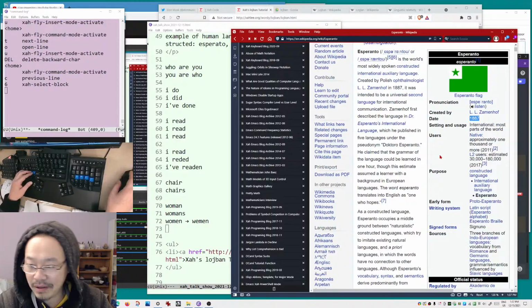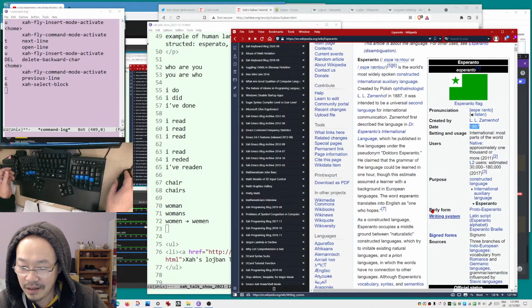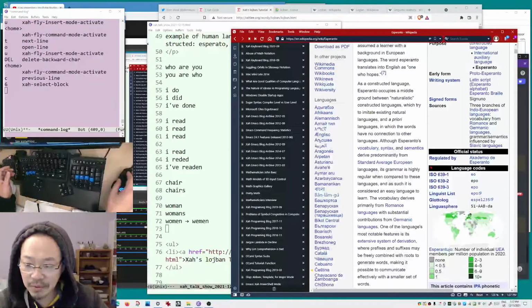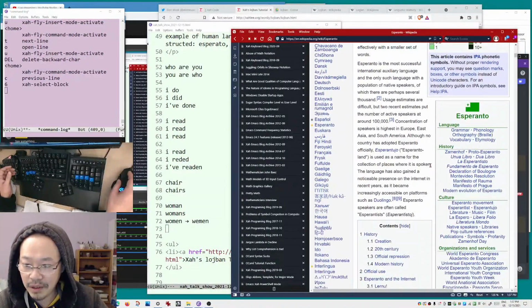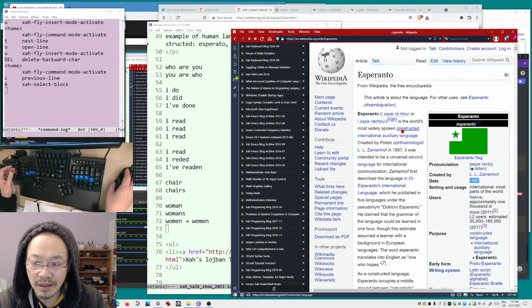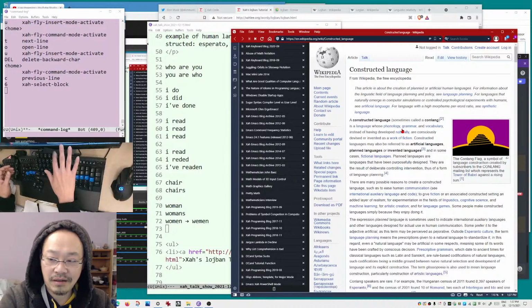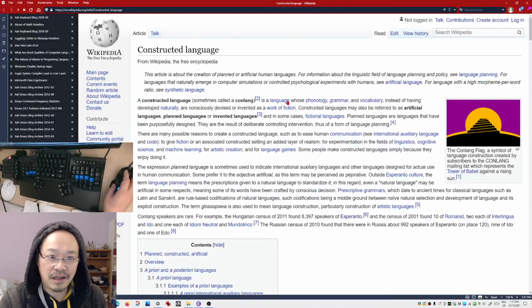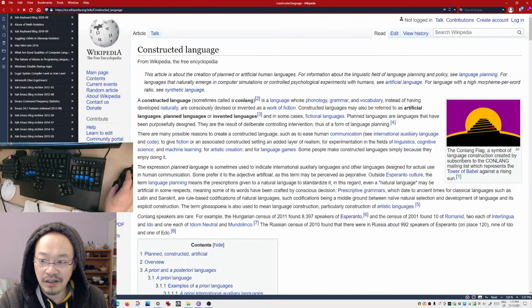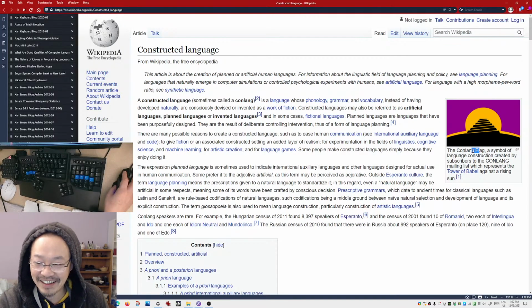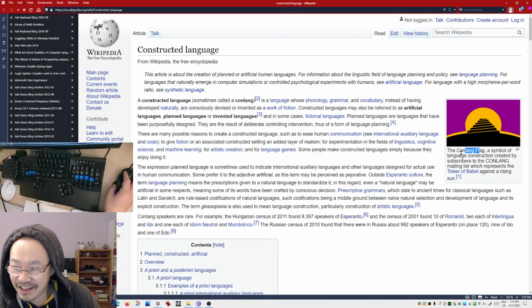Okay, maybe I can show some others besides Esperanto. So Esperanto is one of them. You go to constructed languages. Okay, so you can see is an article on constructed languages. They feature the concept of the Tower of Babel, the nerds, Kong Lan flag. Now they need a flag, Kong Lan flag.